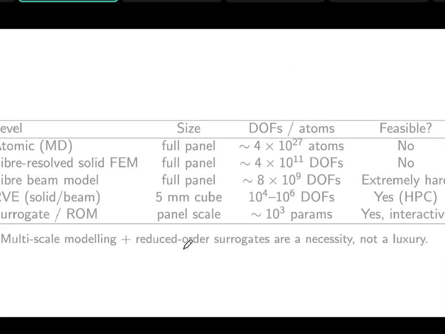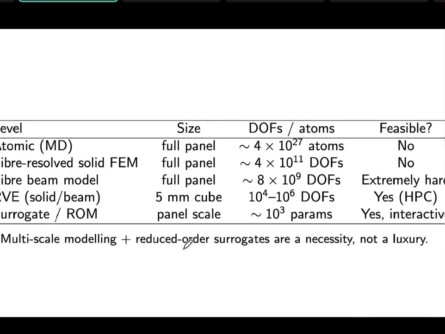All right, so then what do you do? It sounds like I know where I'm going. Well, yes, because we have, fortunately, the surrogate model, reduced order model. You see, this is not only a few equations on paper, this is also used in actual projects. And for the parameters, if we have about 10 to the power 3 parameters at the panel scale, we can be interactive.